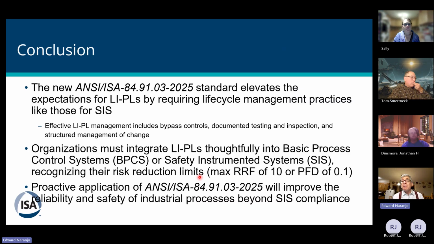But if they're part of a basic process control system, once more, you have only a maximum risk reduction factor of 10 that you can claim. That's the maximum. It is not intended to be a way to circumvent ISA 61511. And what is important for me more than anything is that this proactive application will raise our standards for safety beyond SIS compliance.